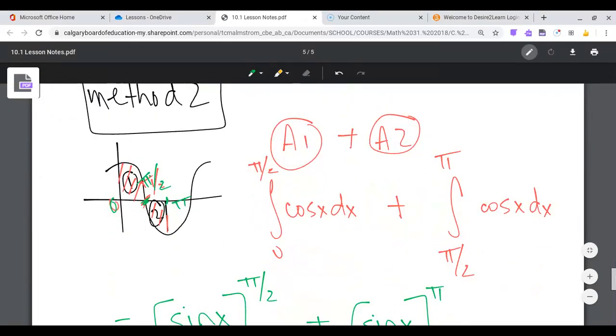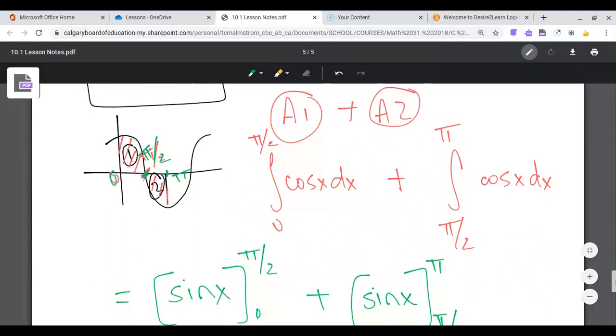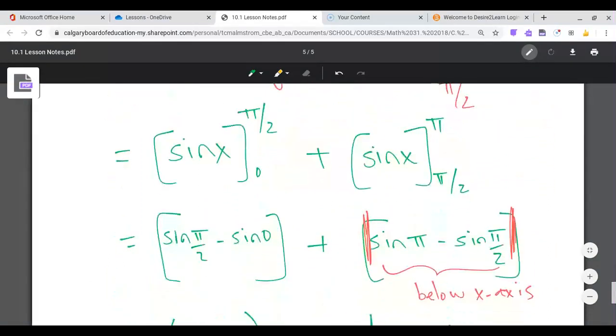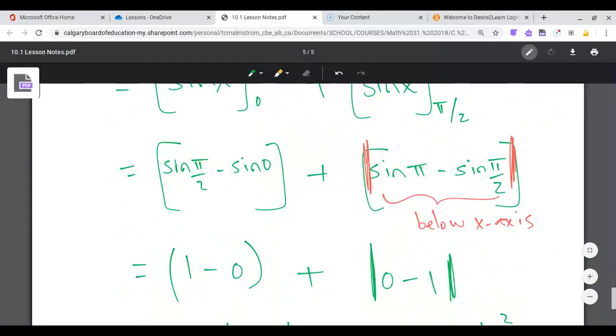We're either going to have to split them, and this is more common, method number 2, which we'll see in the next lesson, that when we have chunks of area above and below, we are going to have to figure out separate intervals and then add all the pieces together. That's cool, hey?